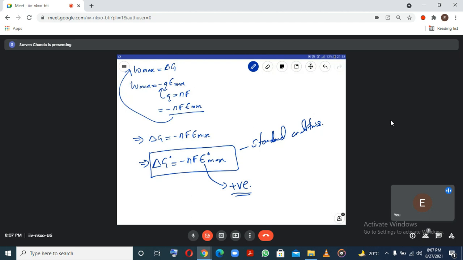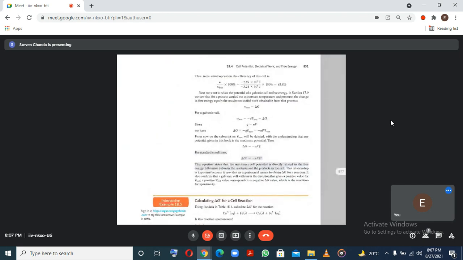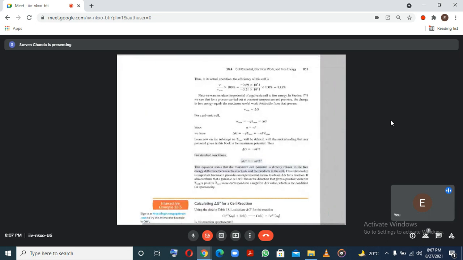Okay, so now let's look at an example. That's probably how your tutorial sheets are, with questions like this. So using the data in table 18.1, which is where you are looking at the reduction half reactions, calculate the change in free energy under standard conditions, because those values in the table are under standard conditions.